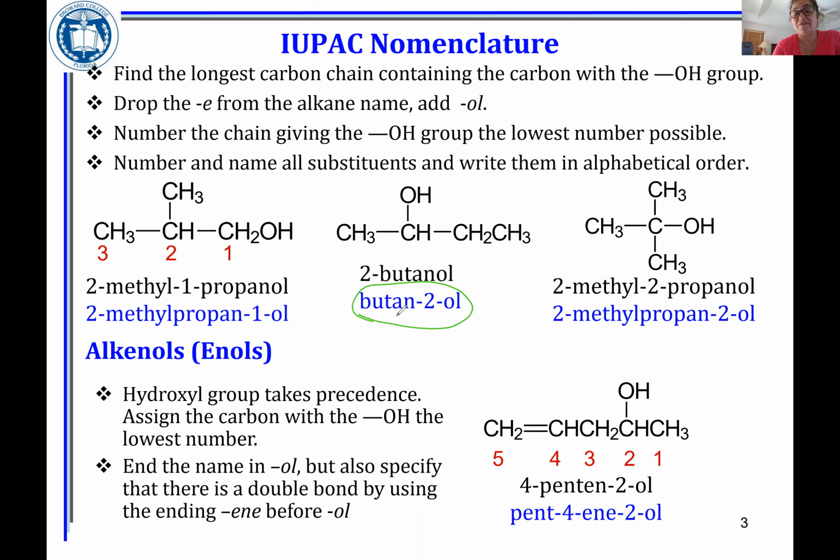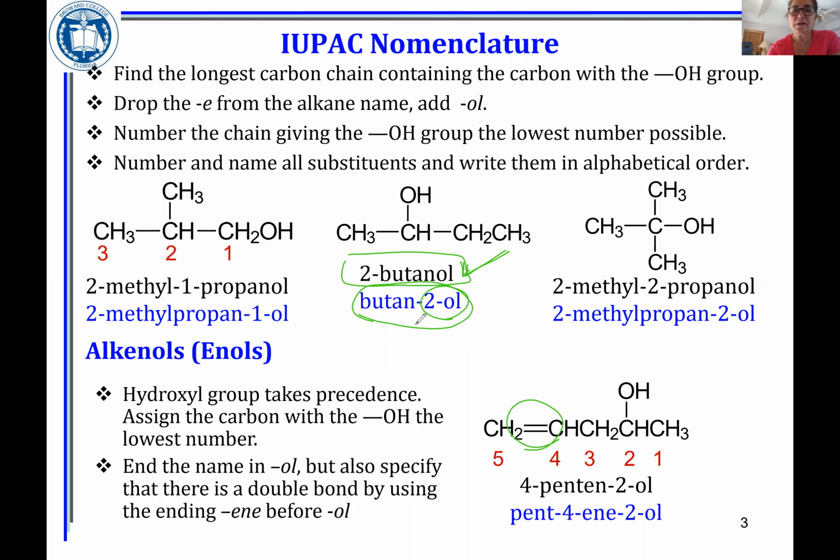This is good when you have more than one functional group. So you could say OH is attached to carbon 2, and the alkene group is attached to carbon number 4, and so on. But if it's just one functional group, for me at least, it's easier to go with 2-butanol rather than butan-2-ol. It kind of rhymes better for me. Both of them are acceptable.